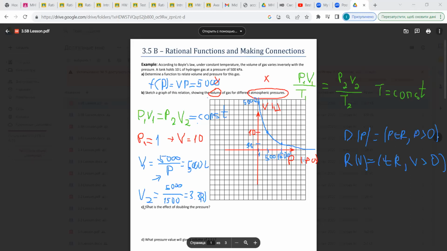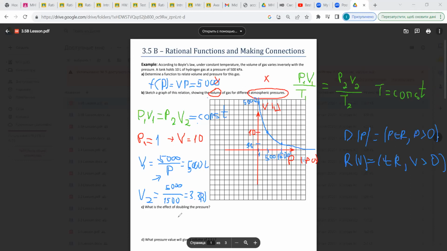While you're doing that, I will explain you question C. What is the effect of doubling the pressure? Basically, as you can see, the relationship of volume and pressure is inverse. We divide by the pressure.